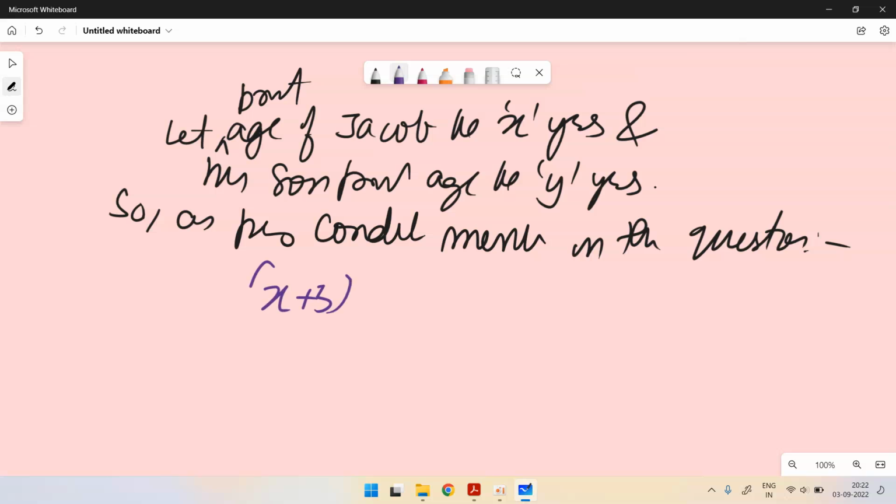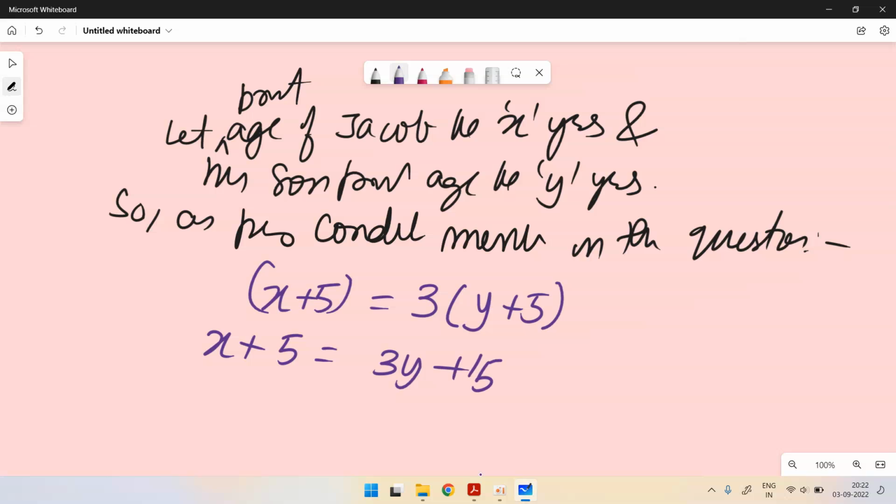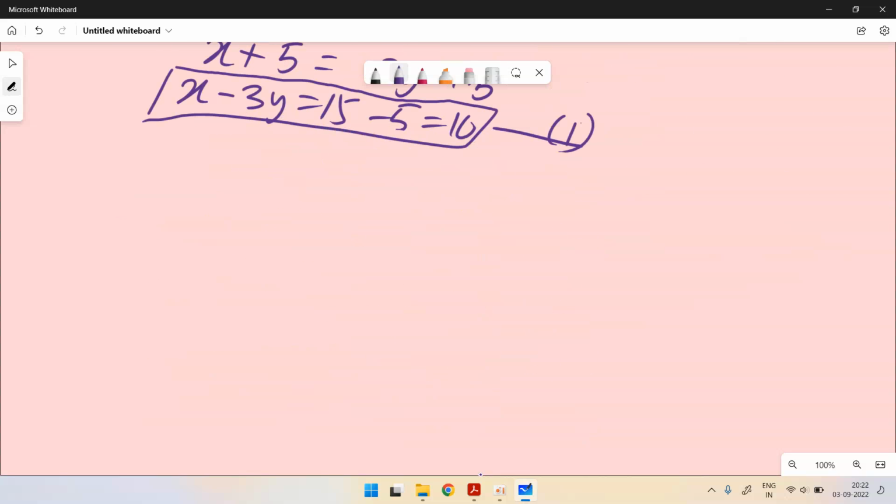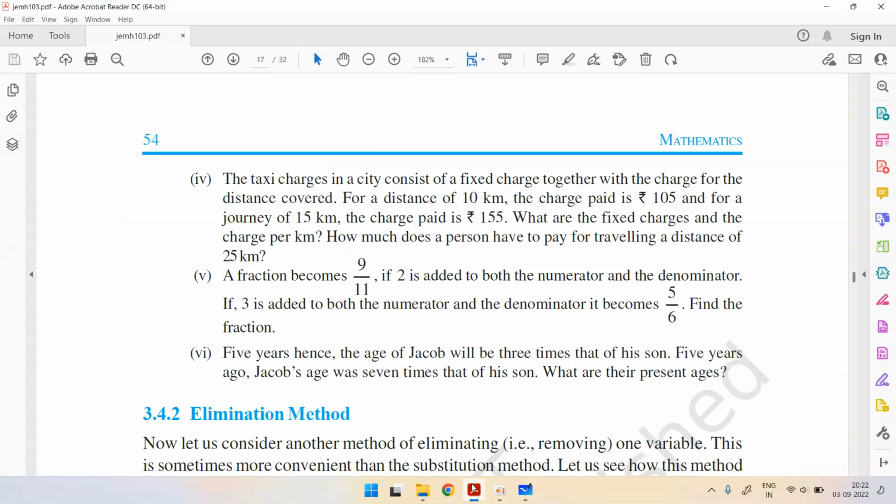Jacob after 5 years will be x plus 5, and the son's age is y plus 5 after 5 years. So x plus 5 equal to 3 times y plus 5, which is 3y plus 15. Now x minus 3y equal to 15 minus 5, which is 10. I take this to be my first equation. This is my first condition, and I get the first equation.